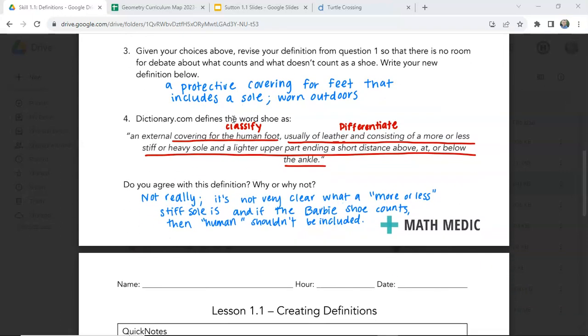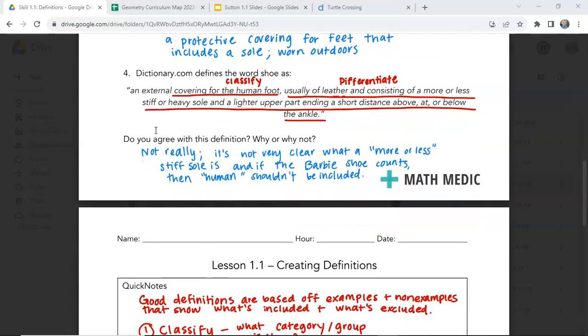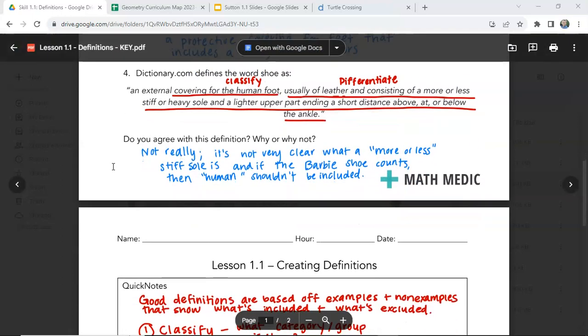So dictionary.com defines the word shoe as an external covering for the human foot, usually of leather and consisting of more or less stiff or heavy sole and a lighter upper part ending a short distance above, at, or below the ankle. Do you agree with this definition? Why or why not?